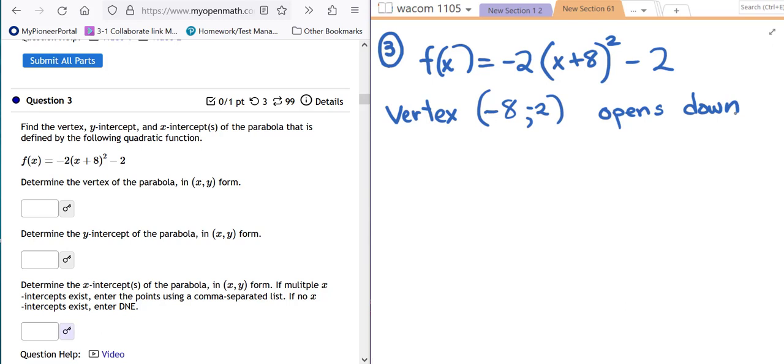But they're asking me specific points, not just to graph it. If they did, I could pick a random point and put in here. Since plugging in 0 gives me too big. 8 squared is 64. That's going to be too big. So I wanted to pull this up on your calculator.